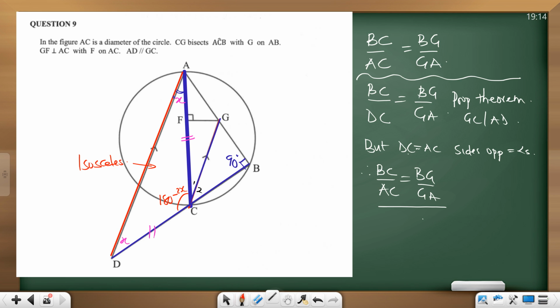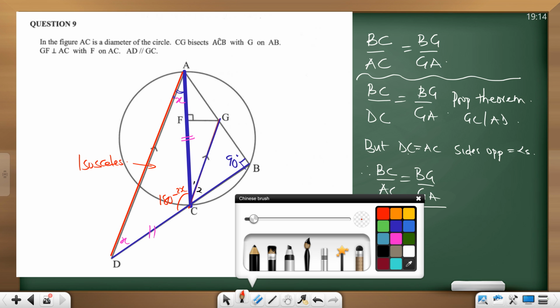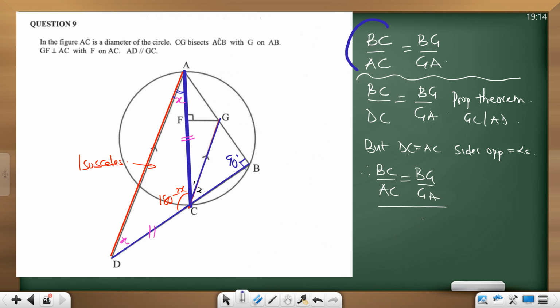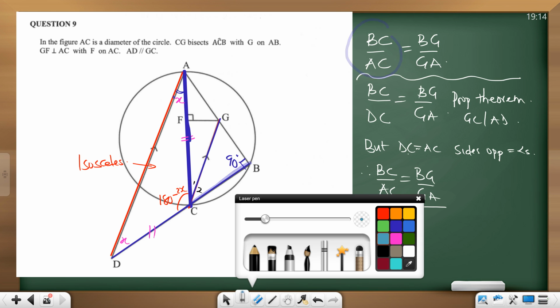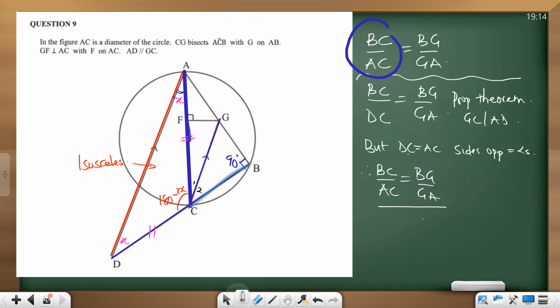Okay, Idris. Here is what the examiner said. Check this. The examiner wanted us to prove that BC over AC equals BG over GA. Now, do you see that here they went on one side of a triangle? But we said this line is the same as this line because it's an isosceles triangle.